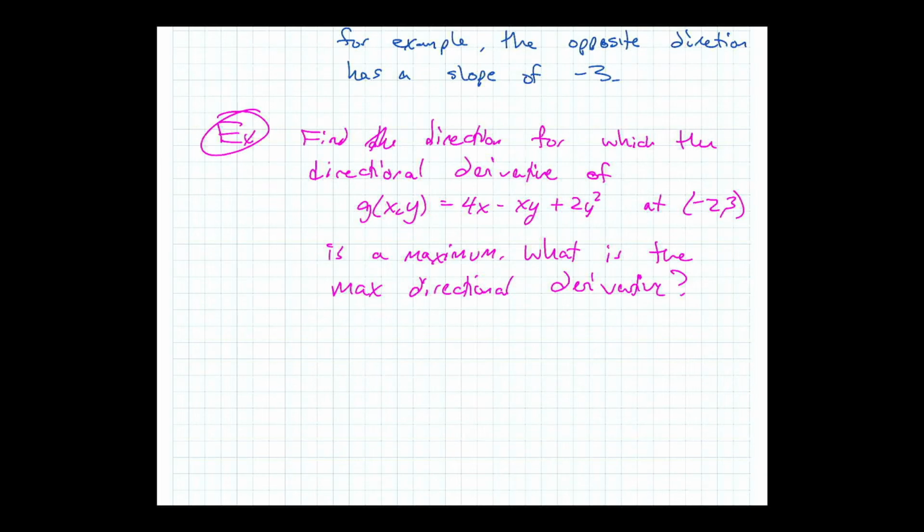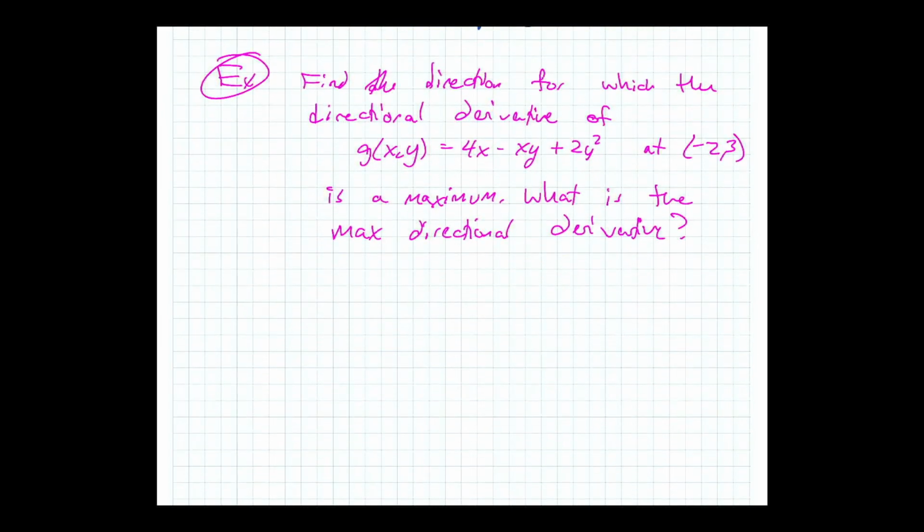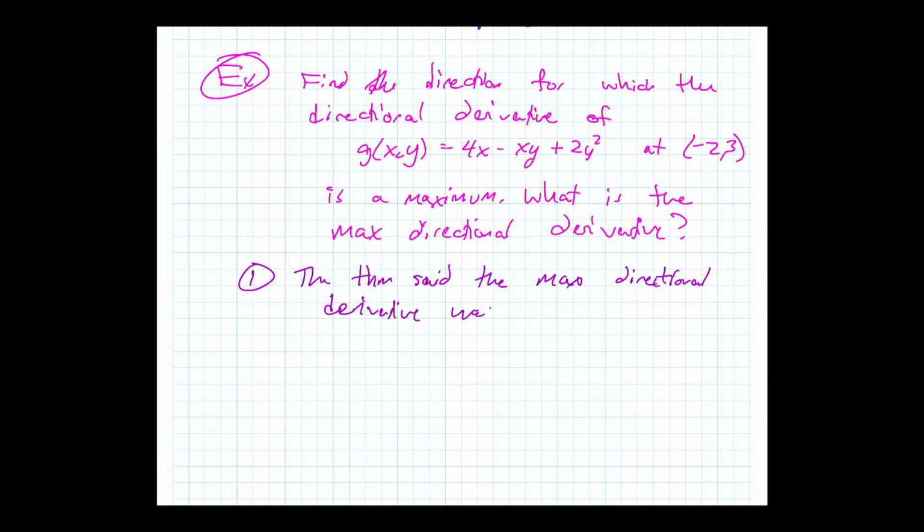All right, so let us try to solve this. Again, you need to know that theorem. The theorem said the max directional derivative was in the direction of the gradient, in this case, of g.